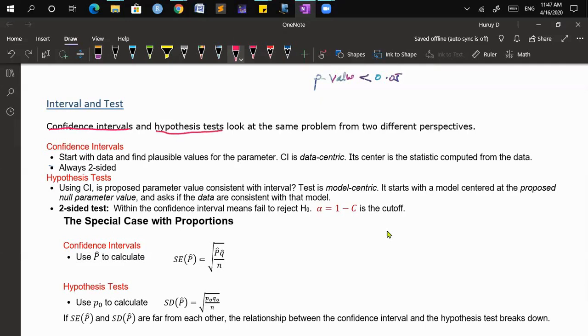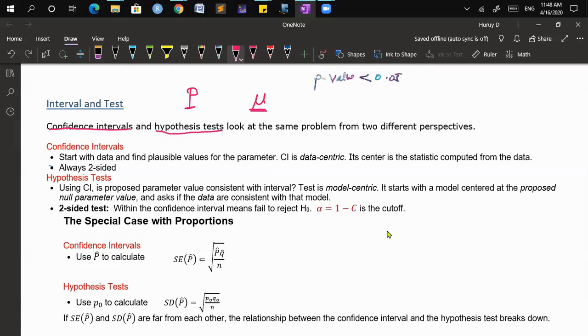So we have one problem or one question that we are trying to answer, and we have two different approaches to answer that question. And that question is, in the case of proportion, it's about the population proportion p. In the case of mean, it is about the population mean. So we are trying to figure out what these two are.